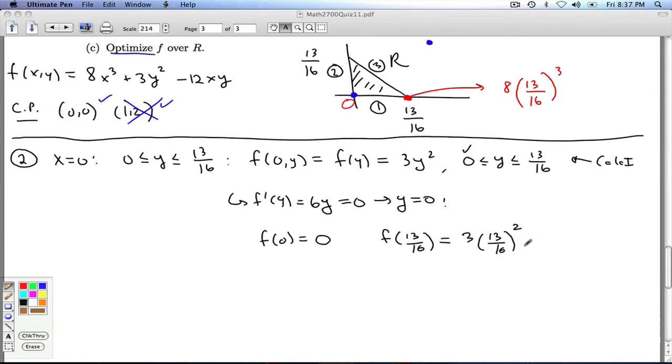Another ridiculous number. And so I'm going to have to put that up there. Now, this f of 0 equals 0, I really didn't have to do that because that's at this point here that I already did before, but it's a good double check. But now at this point, I've got my 3 times 13/16 squared. I'm going to write that over here. And that'll do it for boundary 2.